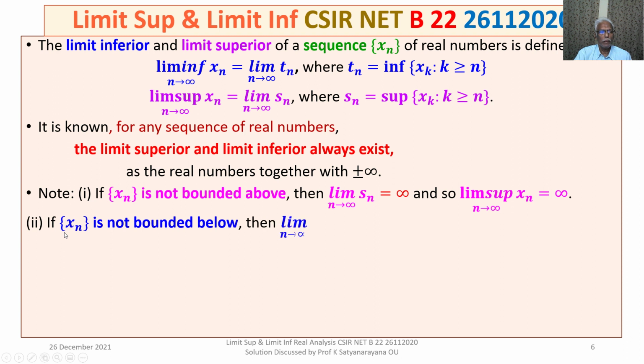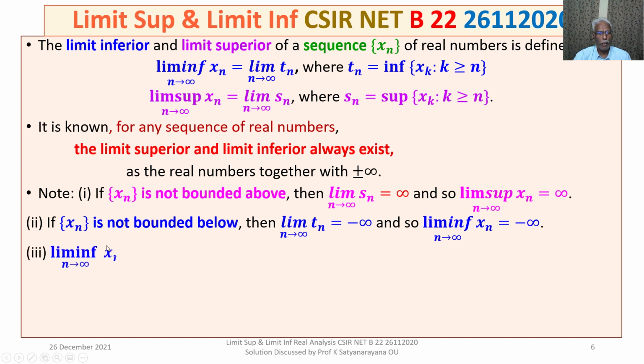If the sequence x_n is not bounded below, then the sequence t_n, as n tends to infinity, will be minus infinity, and so limit inferior of x_n is minus infinity. And limit inferior of x_n is always less than or equal to limit superior of x_n.